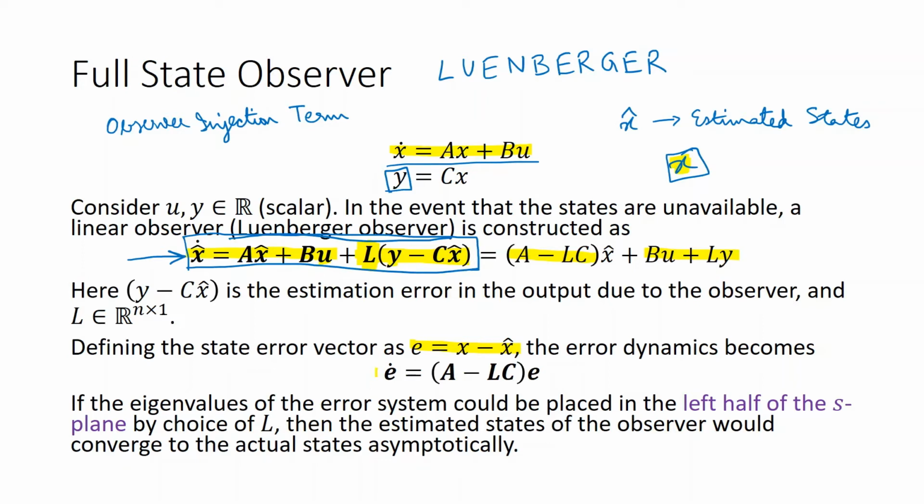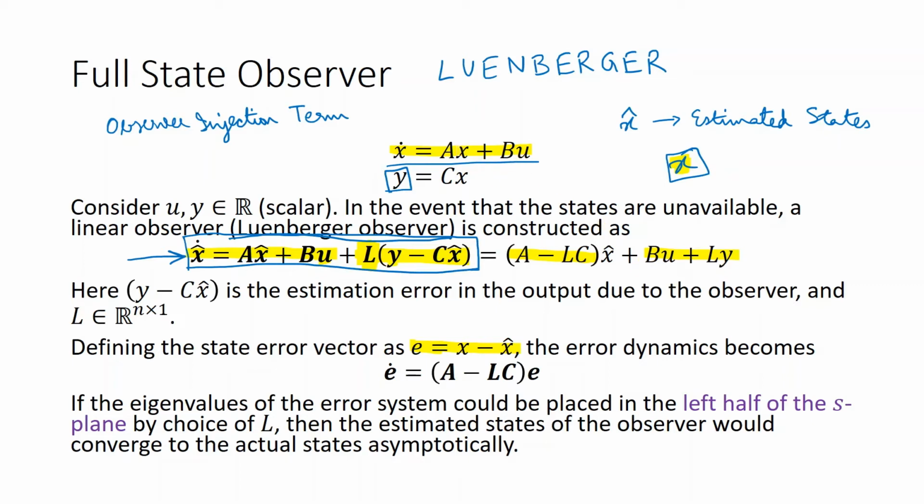So if e is defined like this and we evaluate e dot, we have to find out the dynamics of the error system. e dot is x dot minus x hat dot. Then you put x dot and x hat dot in place of these two, and you will see that Bu will cancel out.